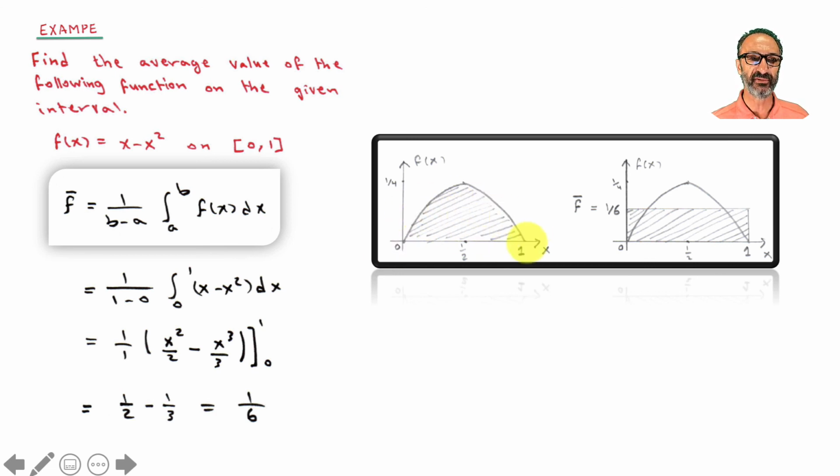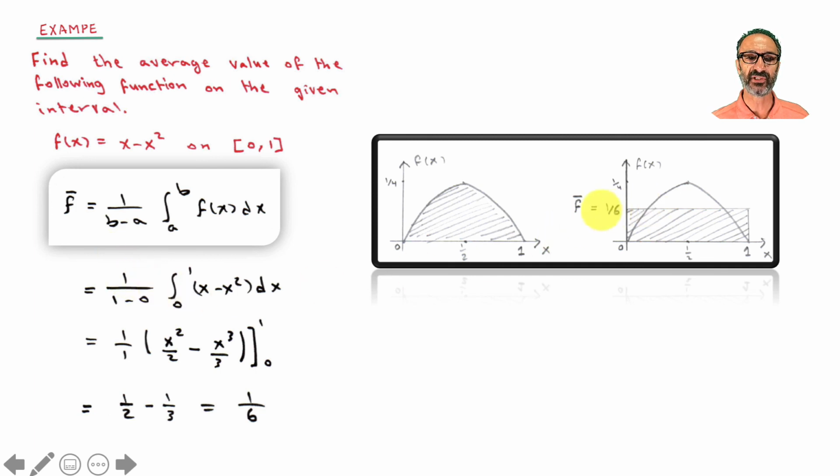If you want to build a box right here, a rectangle, to take the same area, you're going to have to go all up here, because that's going to be too much. And if you go only up here, that's going to be less than what we want. So somewhere here, you're going to stop, and the answer was 1/6 for the average.